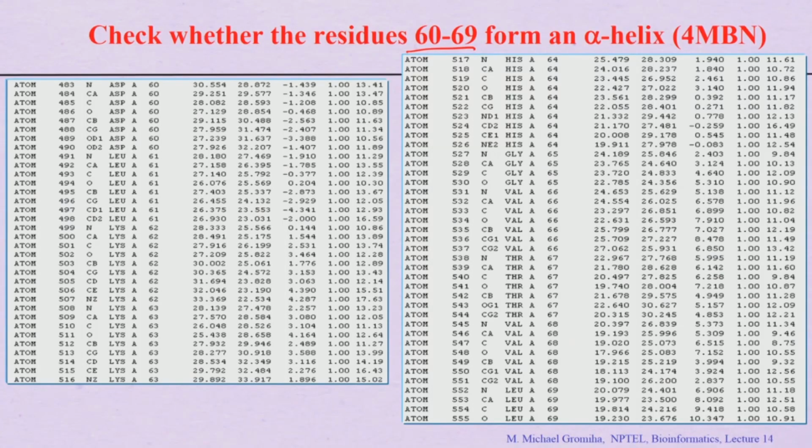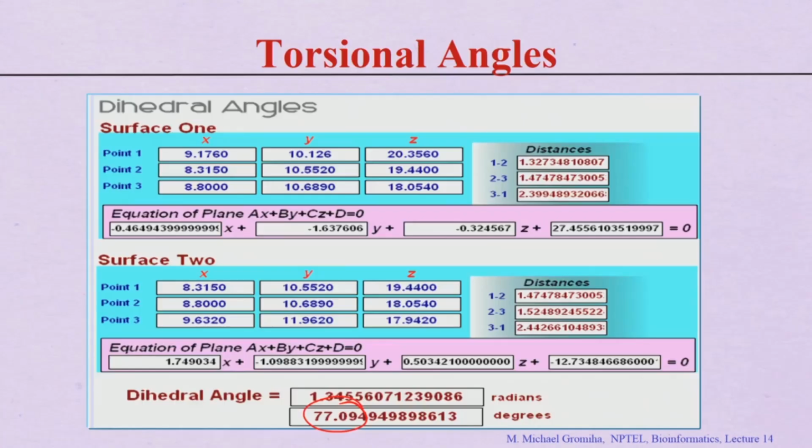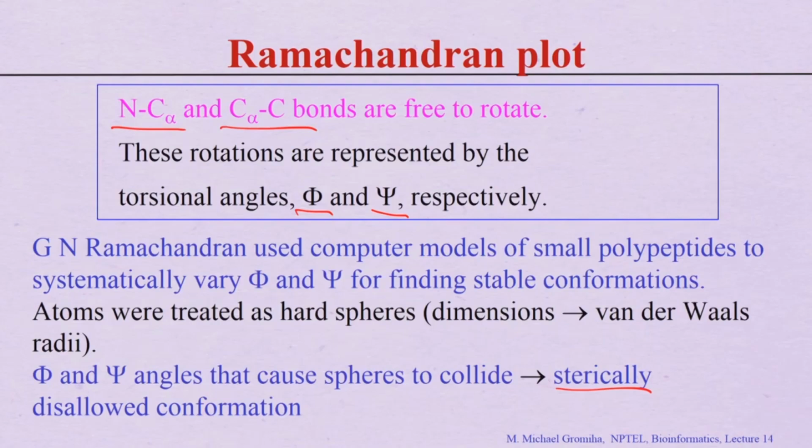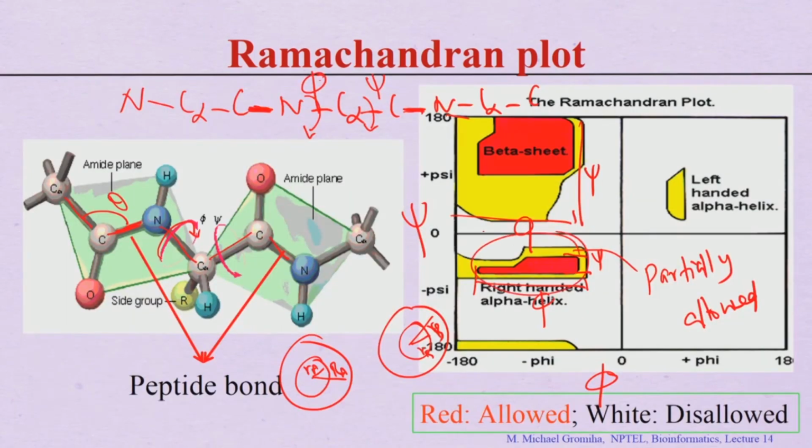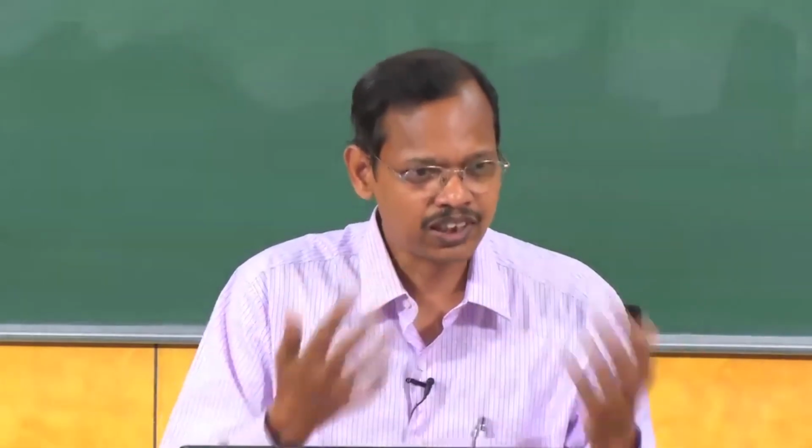Get the phi psi angles, and then see whether these phi psi angles are in the allowed region of the Ramachandran plot. If the angles are within this region, then you can say these residues belong to an alpha helix. We can do that. Now, if you have 3D structures, based on the hydrogen bonding pattern you can easily define secondary structures.